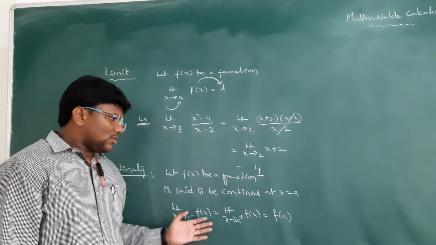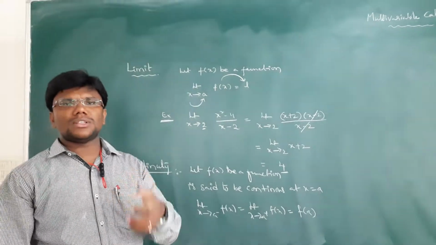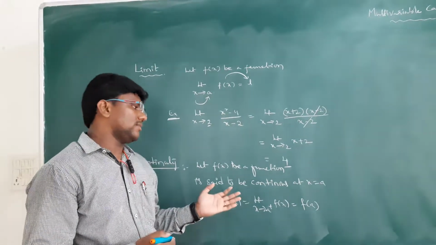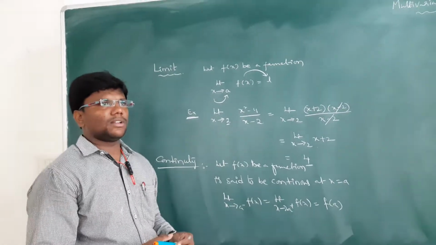Left hand limit is equal to right hand limit and equal to the functional value. Then the function is said to be continuous at the point x is equal to a. This is about continuity.